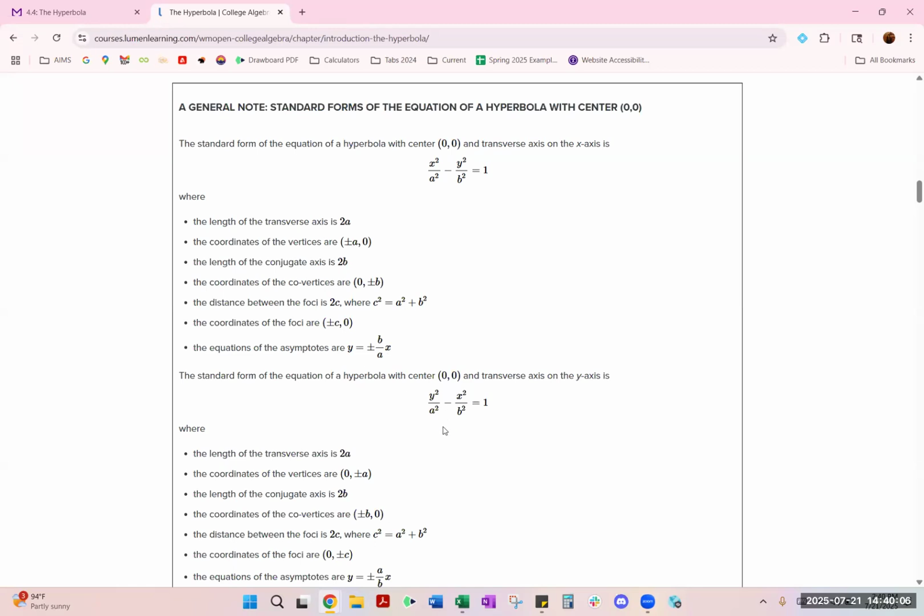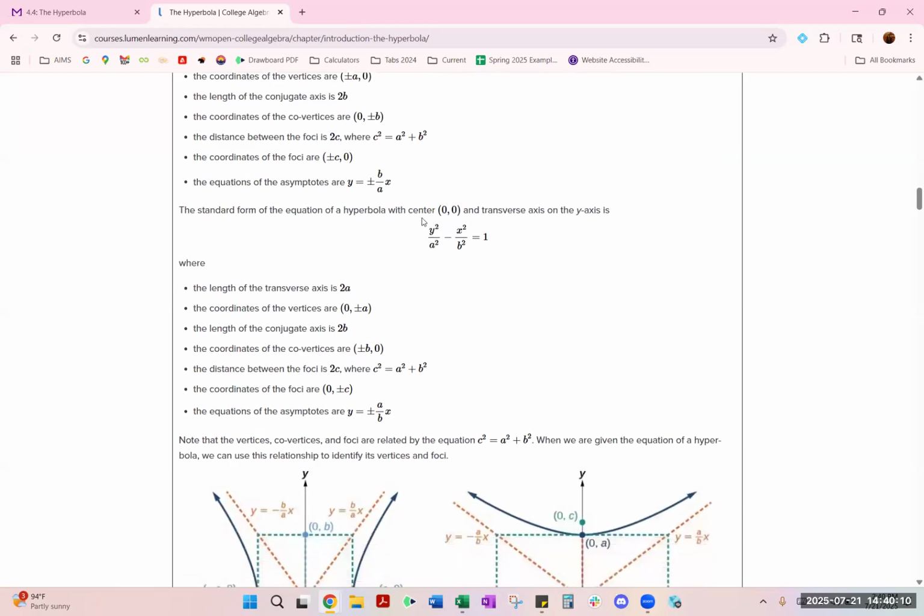Now, when the hyperbola has a transverse axis on the y-axis, your equation will begin with the y squared value first. That equation is going to be y²/a² minus x²/b² equals 1. And again, you can see all the different information here: the length of the transverse axis, the coordinates for your vertices, your foci, and the equations for the asymptotes.